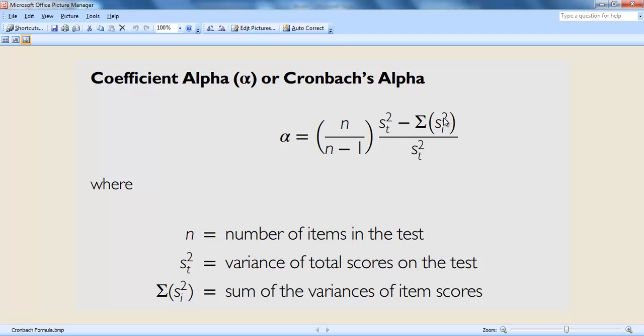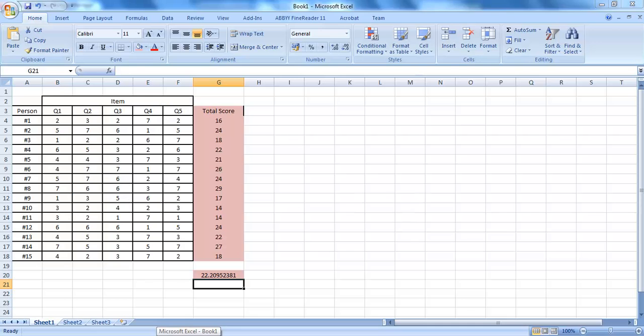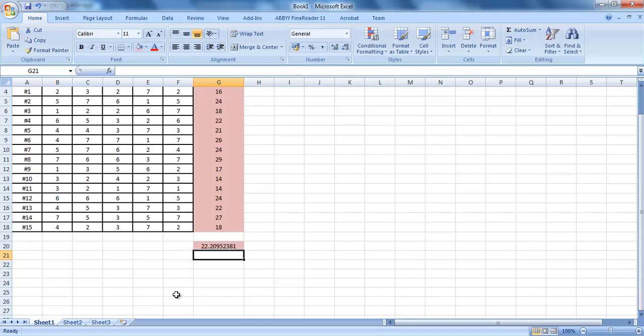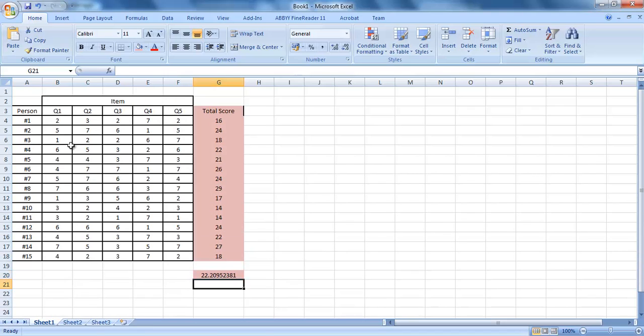So we need to get the variances of all the items. So let us do that. Let us go back to our worksheet. So let us calculate the variance for item number 1.